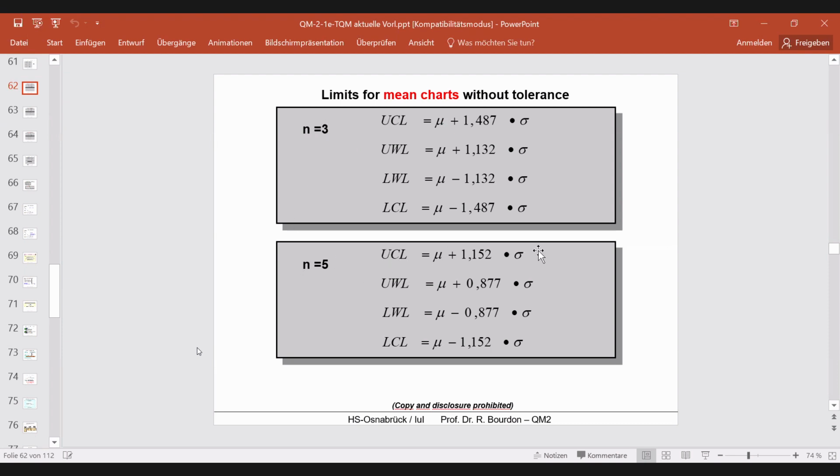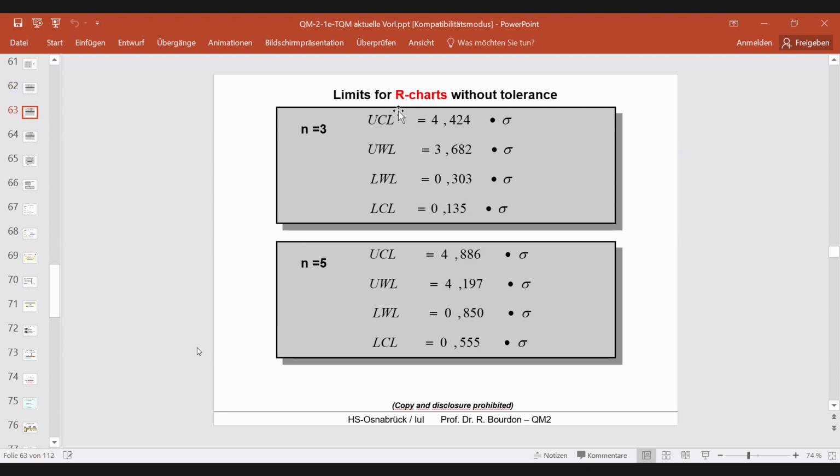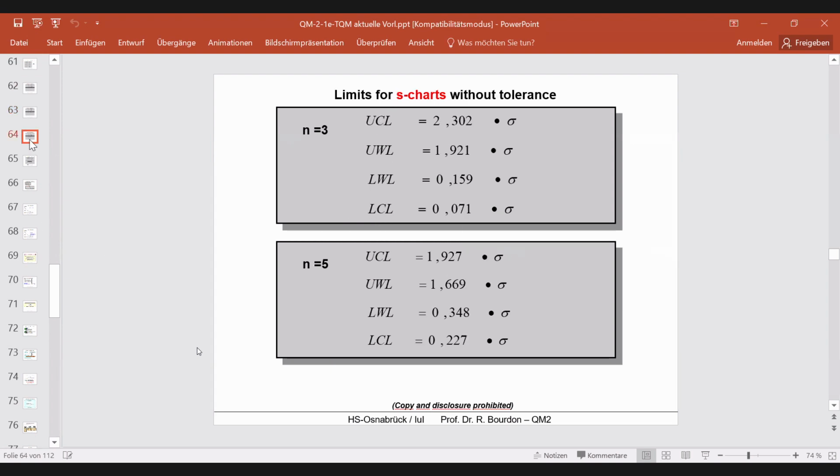Then you can calculate here the upper warning limits and the upper control limits, lower warning limits and lower control limits. So this is for mean charts, for arithmetic mean. This is for range charts, the same. Also the limits, warning and control limits. And here we have it for the S charts, for the standard deviation charts. But this is not equal.